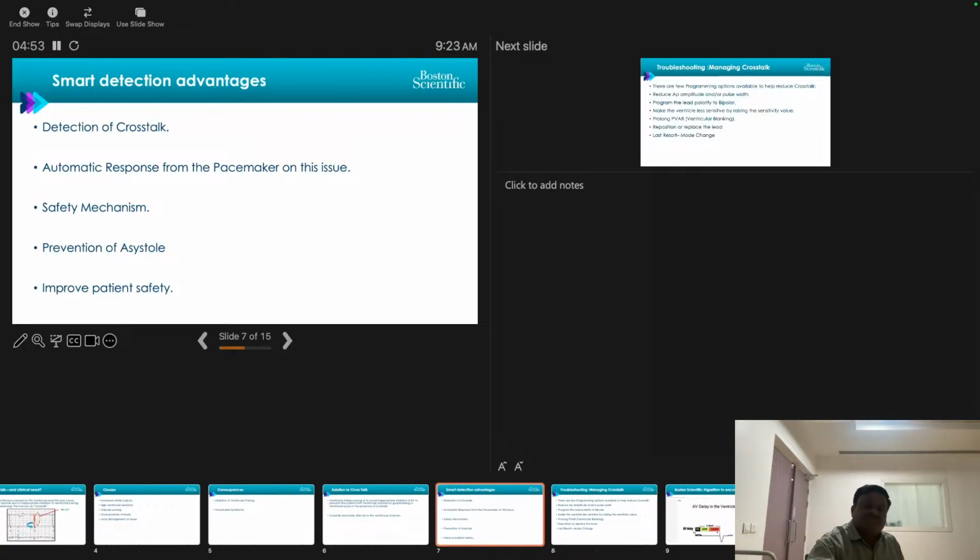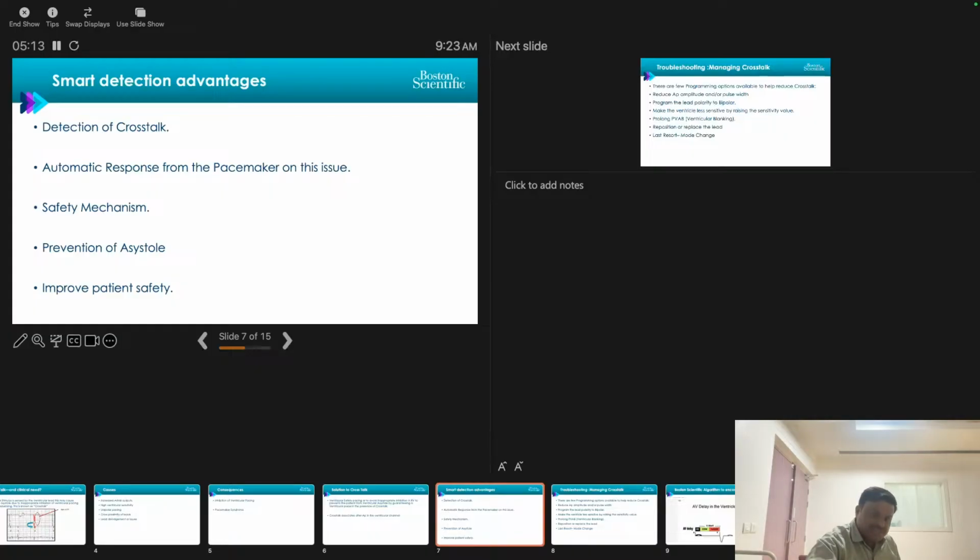The very important thing is to identify whether it is crosstalk, oversensing, or loss of capture from the ventricular lead. That is very essential to understand, along with the response from the pacemaker to overcome this issue.